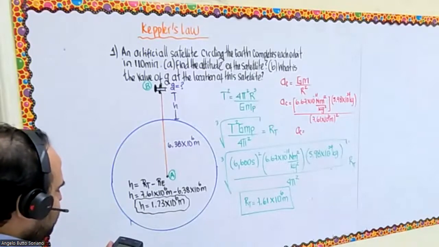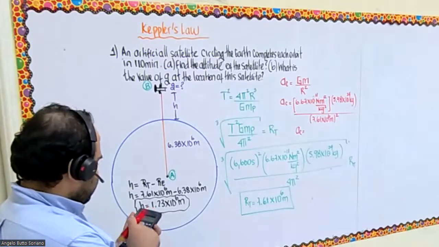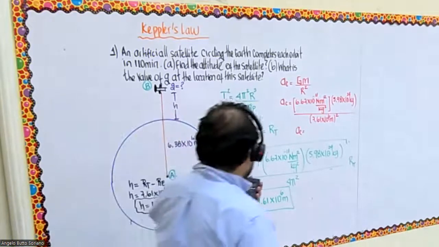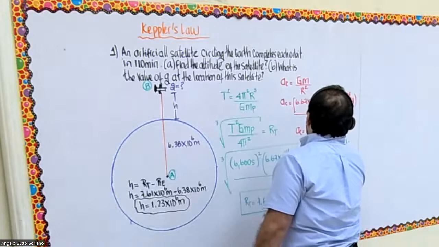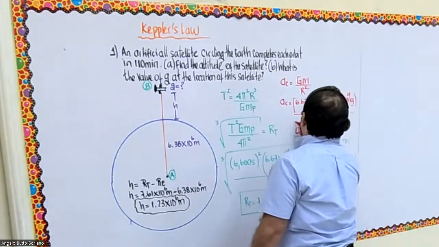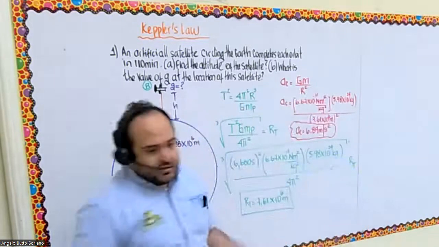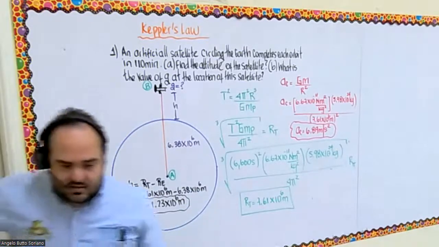The answer will be 6.89 meters per second squared. And this is going to be the solution, at least for the first problem.